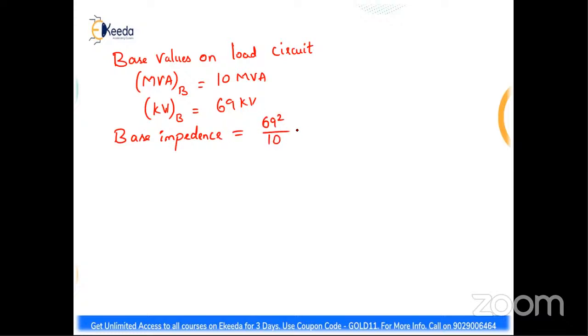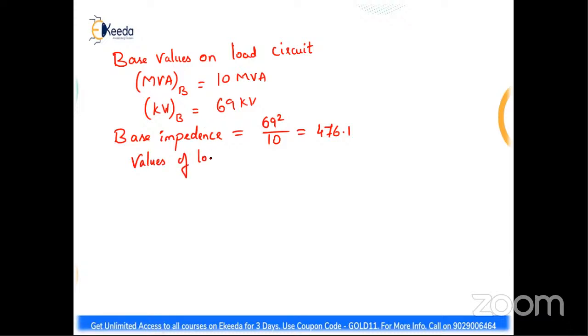I am putting the direct values, that is kV base whole squared divided by MVA base. Hope you will understand this. 69 squared divided by 10, what will be the answer? The answer is 476.1.